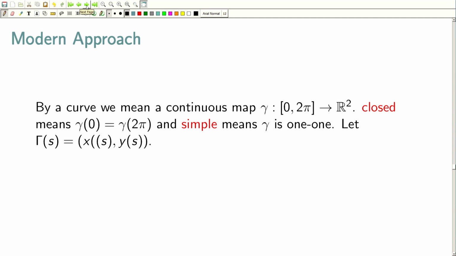Now, let us define the set gamma s, a set in R 2, which has all the points of the curve, x s and y s, because there are two coordinates.